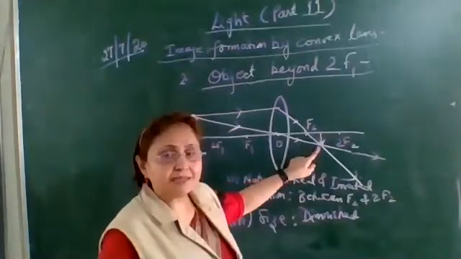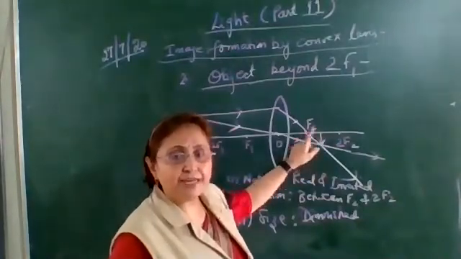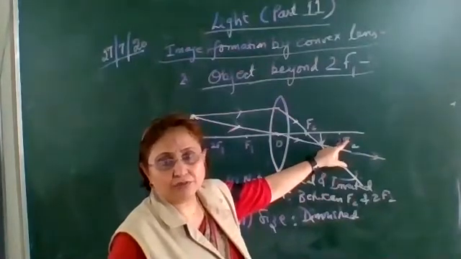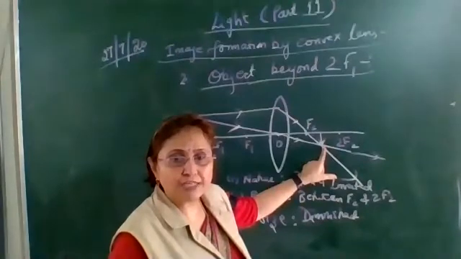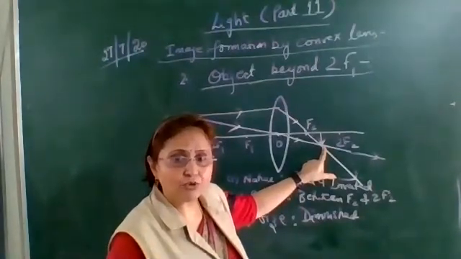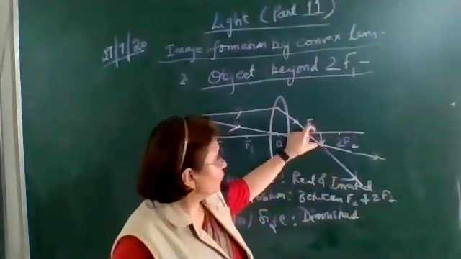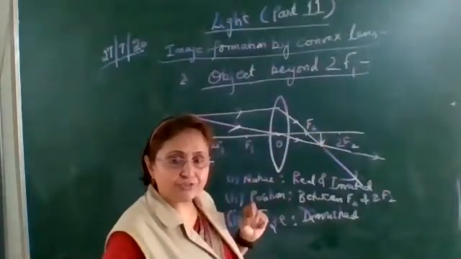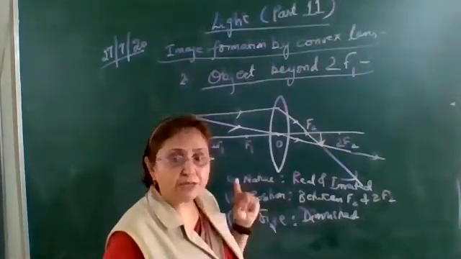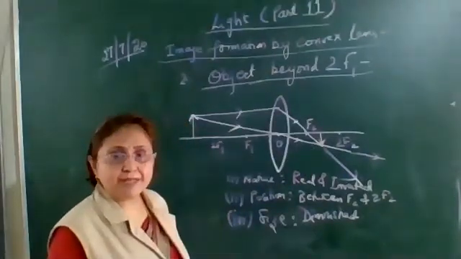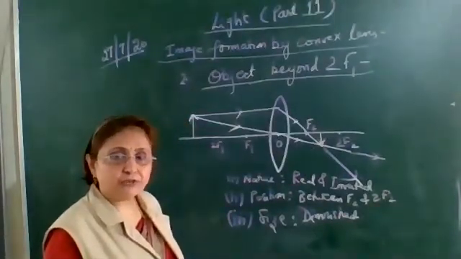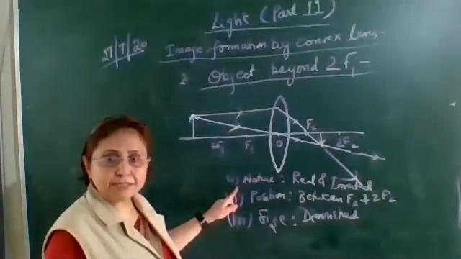And you will see that they will meet between F2 and 2F2. When you are drawing the figure, see that these two rays will meet between F2 and 2F2. So draw the image, which will be upside down, below the principal axis.